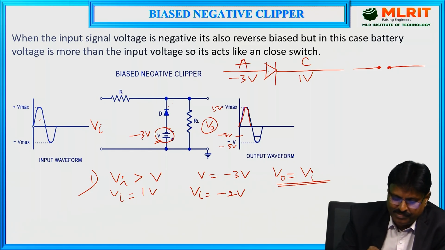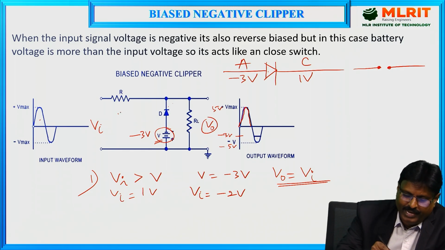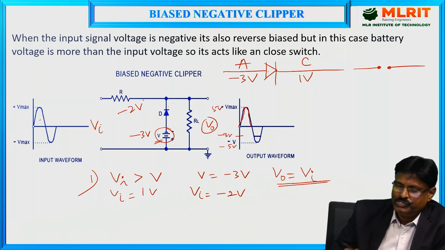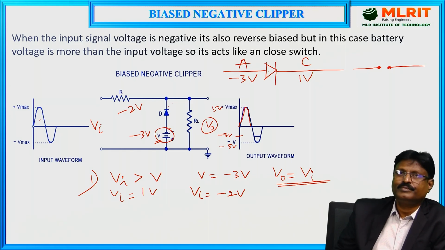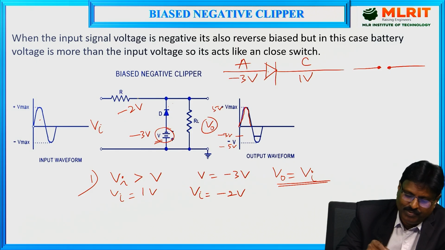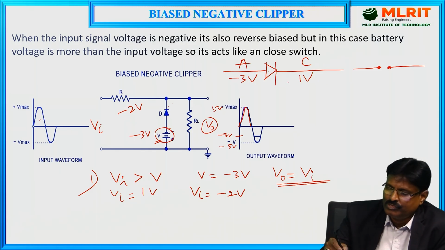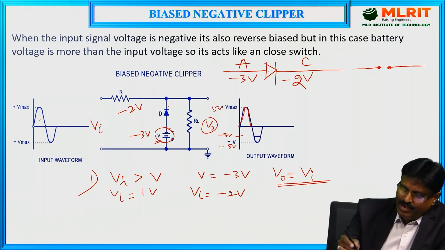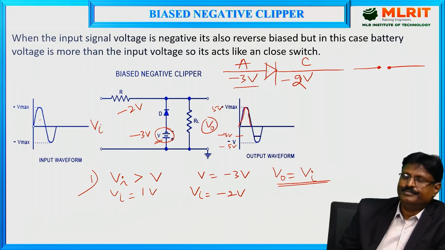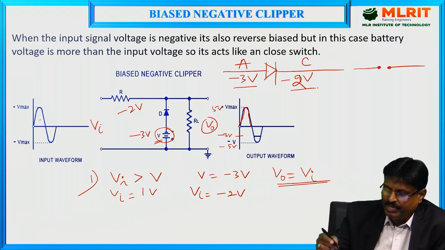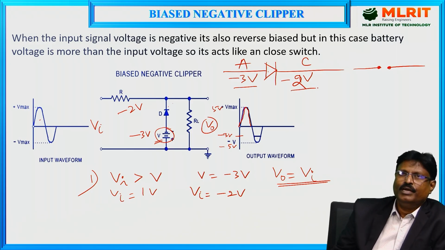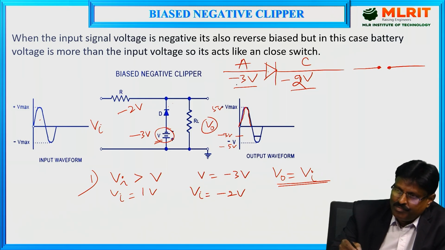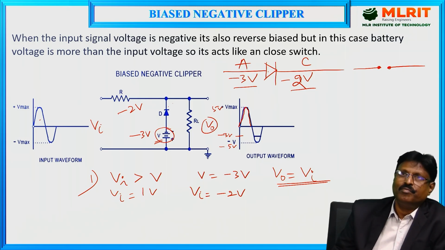The input voltage is connected to the cathode, so the cathode is at minus 2 volts and the anode is connected to minus 3 volts.